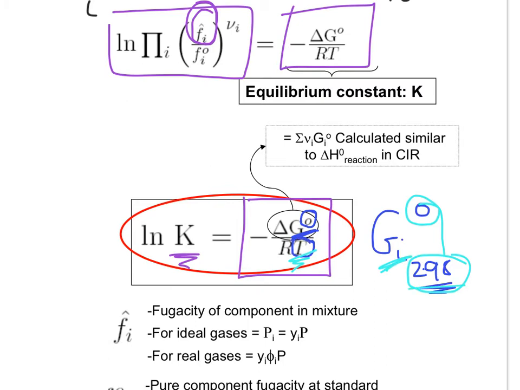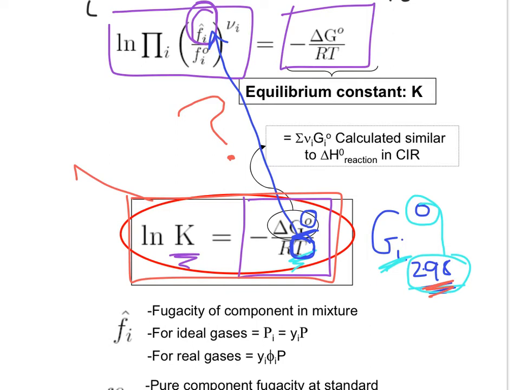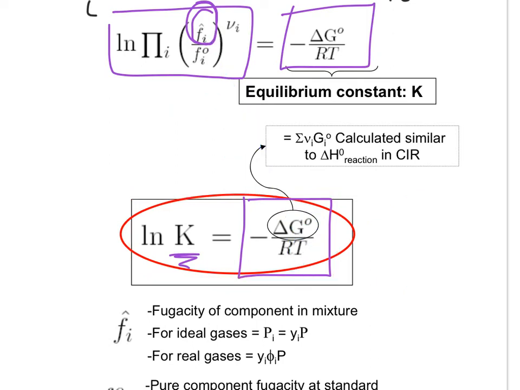However, this temperature must also be the same as that of our reacting mixture when we reached equilibrium. So it may seem as if we are going to be stuck calculating equilibrium compositions only for mixtures at 298 Kelvin. That's not true. We are going to make a plan to convert this equilibrium constant to other temperatures.